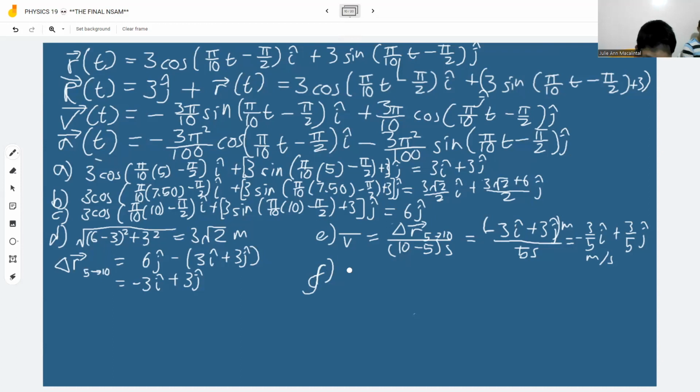So, yung velocity at t equals 5, ano yun? So, meron tayong expression. Yan. Tapos lagyan mo ng vector symbol kasi vector yan eh. So yung v at t equals 5, may arrow sa taas.